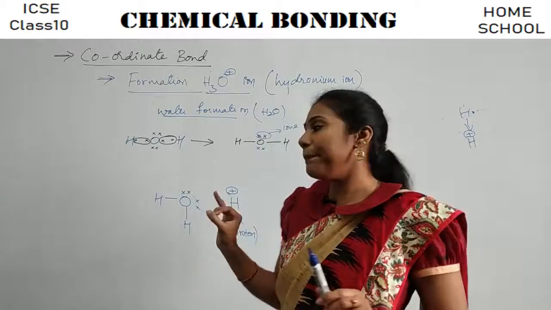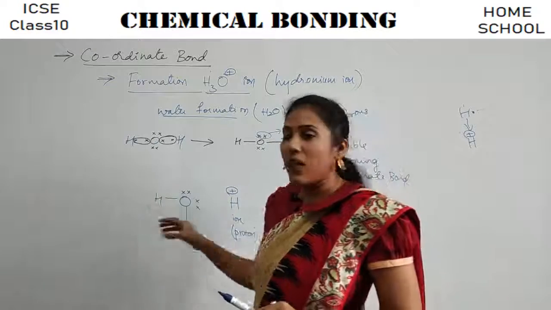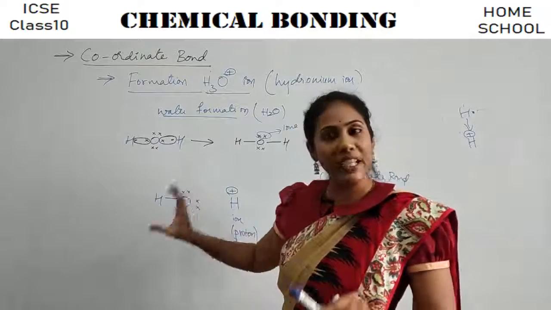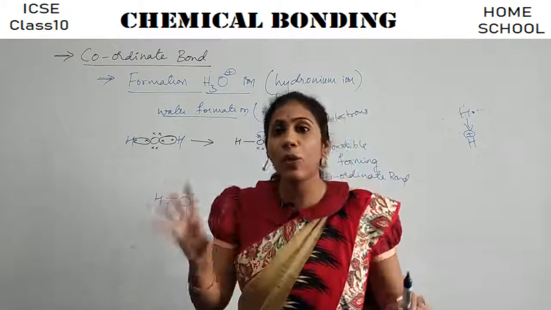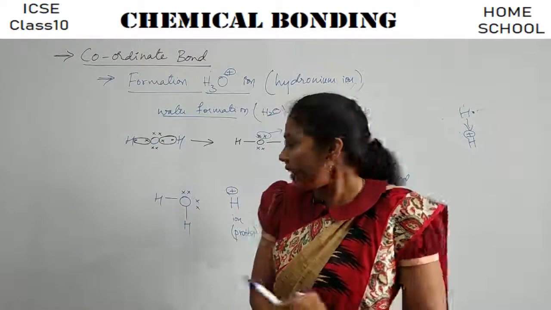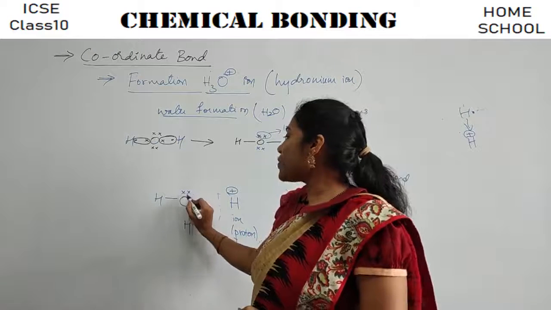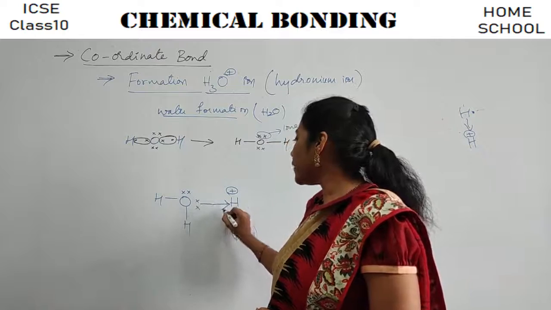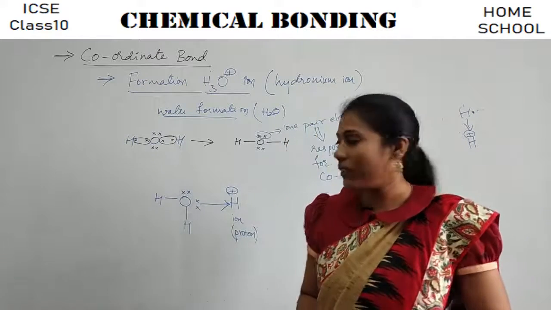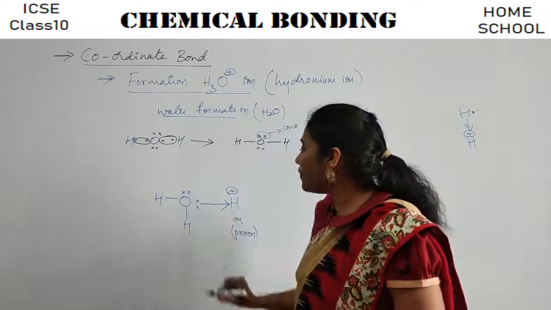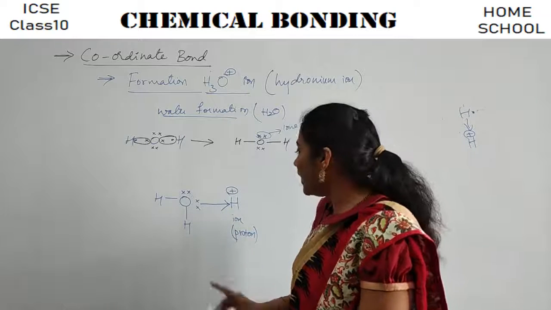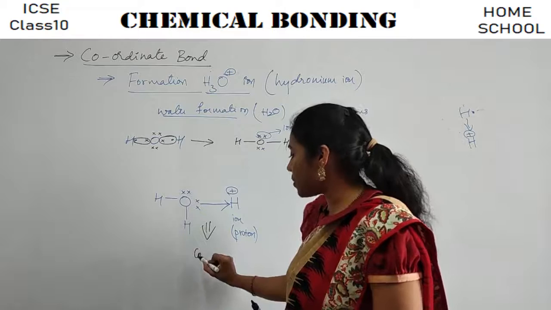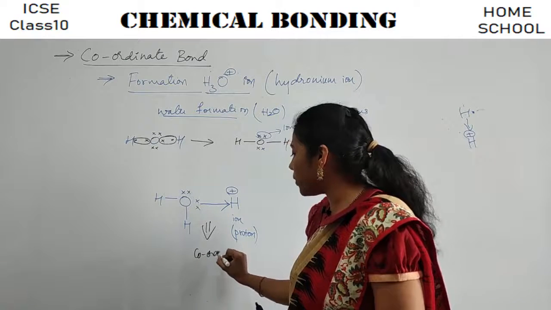Water has 2 extra pairs of electrons, we call them lone pairs, isn't it? So among the 2 extra pairs, 1 pair of electrons is donated to H plus. This is what we call covalent bonding, this is what we call coordinate bonding.